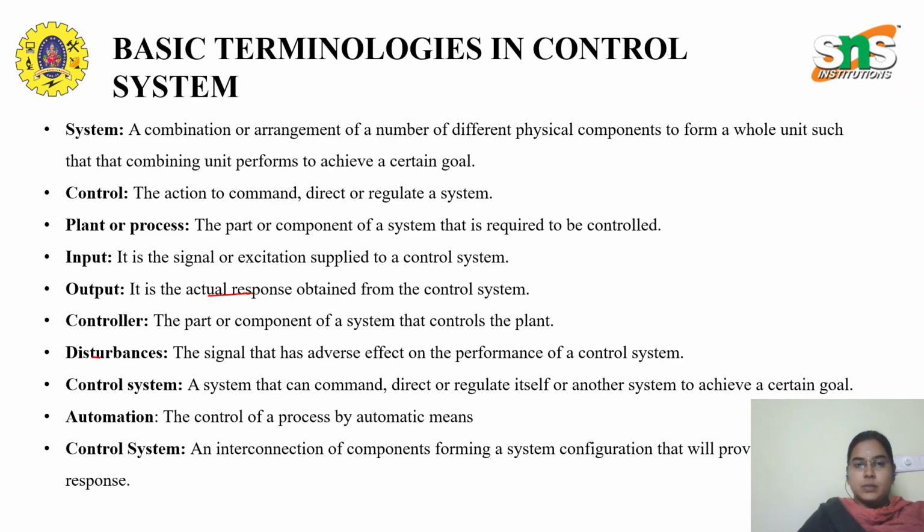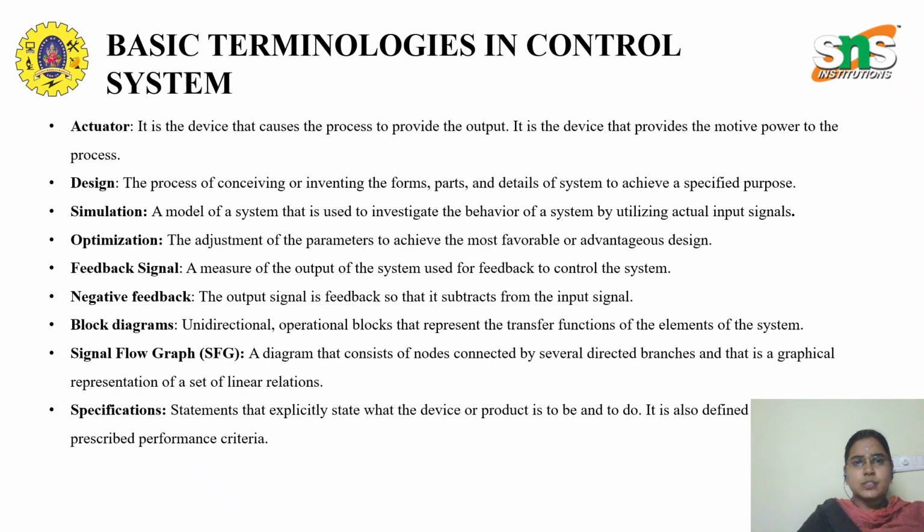The next one is disturbance. A control system is a system that can command, direct, or regulate itself or another system to achieve a certain goal. The next one is automation. It is a process, right? The control of a process by automatic means, that is self-learning and self-diagnosing. The next one is actuator.